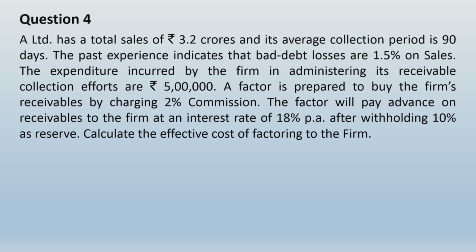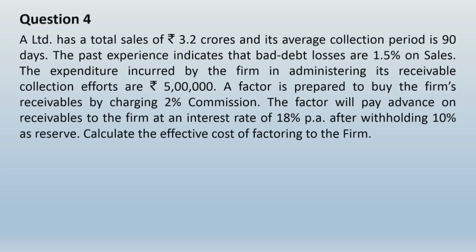A factor is prepared to buy, look into this language, a factor is prepared to buy the firm's receivables by charging 2% commission. The factor will pay advance on the receivables to the firm at an interest rate of 18% per annum after withholding 10% as reserve. Calculate the effective cost of factoring to the firm.